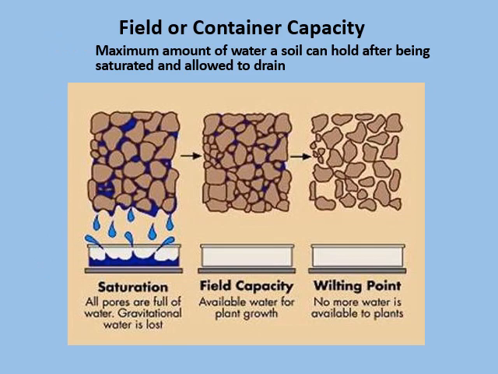Again, here's another depiction. I know repetition, but I want to make sure you get this. So we saturate our soil, then we let it drain, and we have our field capacity. And if you wanted to know what your field capacity is, you measure how much you measured for saturation to occur, and then you measure how much drained out, and you subtract, and that's your field capacity.